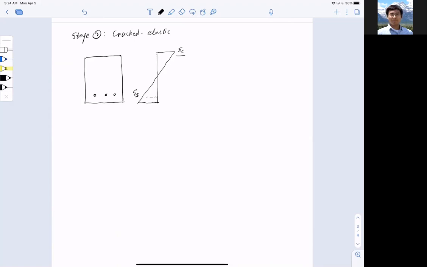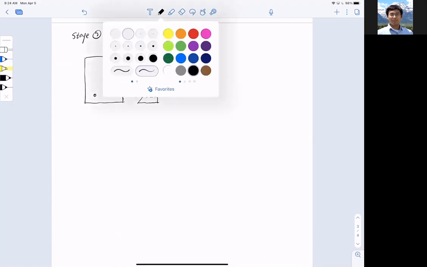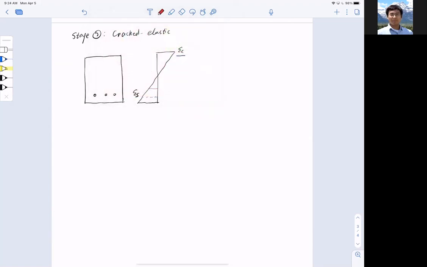And you know that at a certain level, this right here has reached the tensile strain for concrete. Hence, it cracked. Once it cracked, what happened is that I lost my stress or strength in the concrete tension.